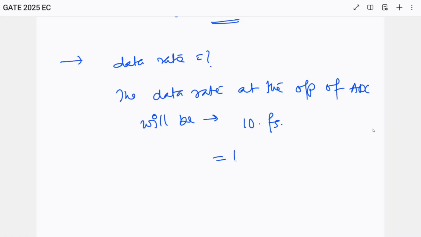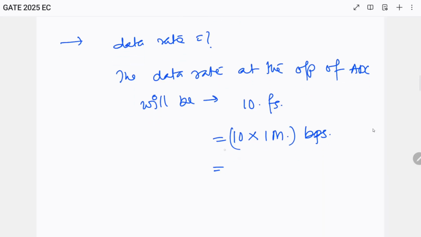So it will be 10 times 1 mega, and the unit will be bps, bits per second. If I multiply this, it will be 10 Mbps.